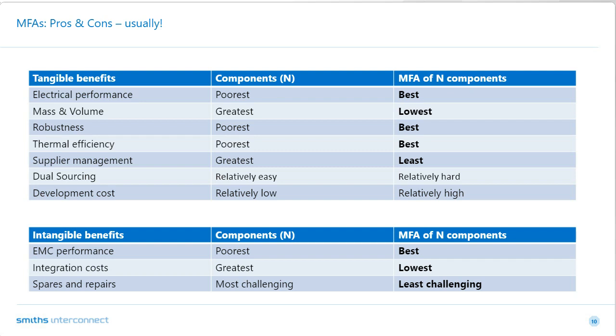Joe, how do these advantages compare, and what do you think is the most important? Well, referencing this slide, let's go down the list. As far as electrical performance goes, obviously, if you're combining components together, you are not mating up individual components.